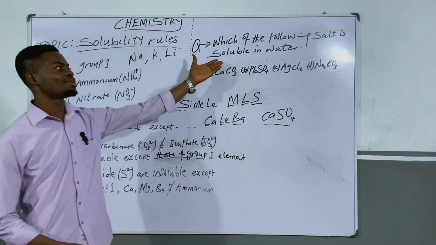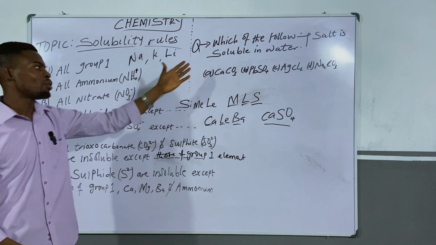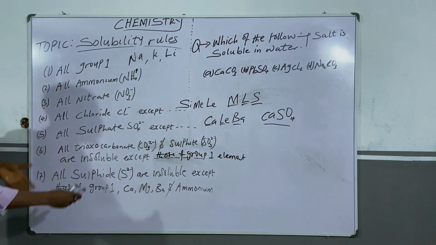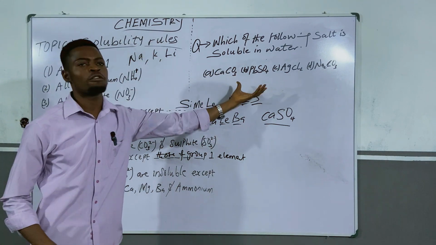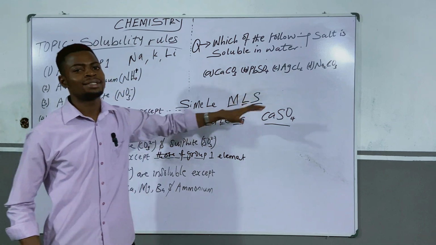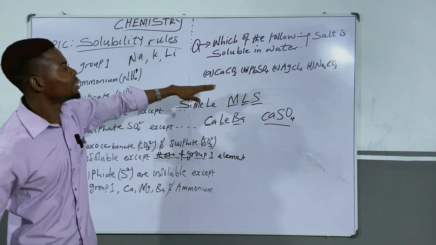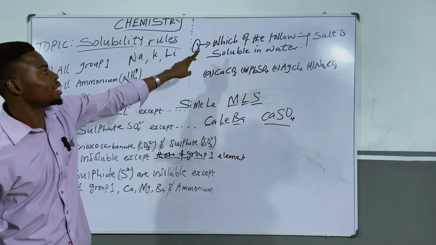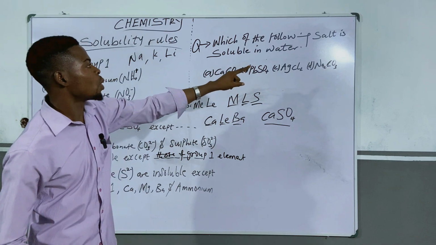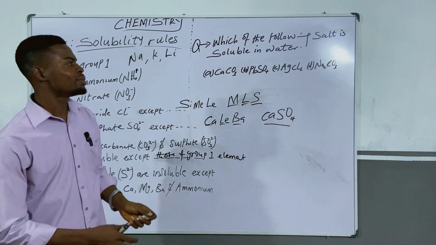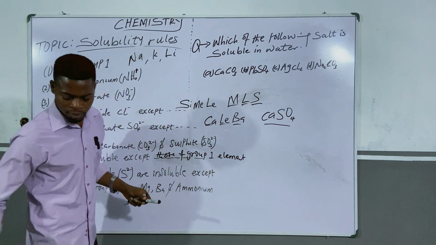Now you can look at this question. With all these rules, you can identify which of these salts is soluble. The question says which of the following salts is soluble in water. Let's look at the options one after the other.